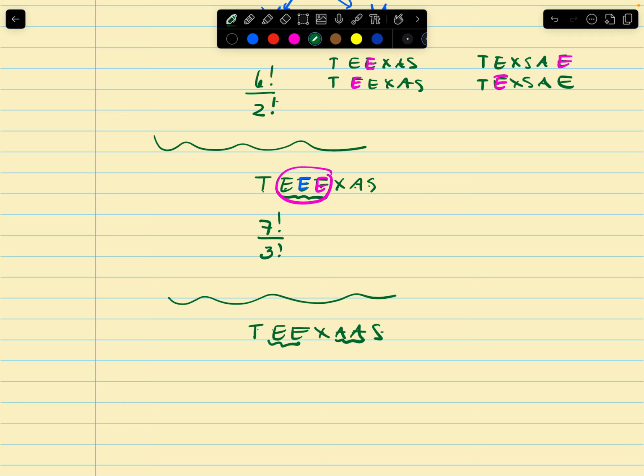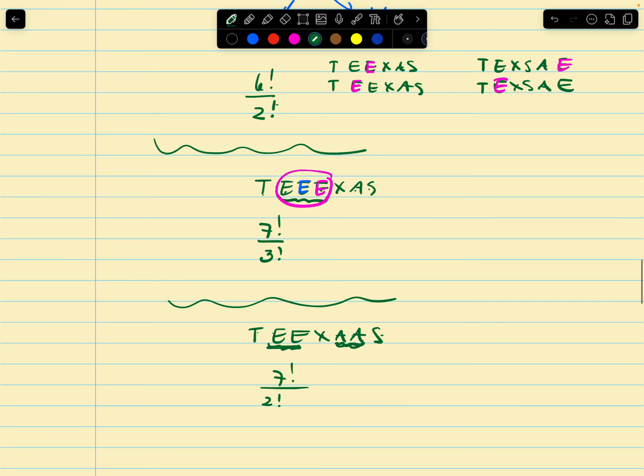We have 7 letters again, but we have 2 sets that are repeating. So if we start with 7 factorial, which we know is an overcount, it's overcounting all those flippity flops of the E's and all the flippity flops of the A's.